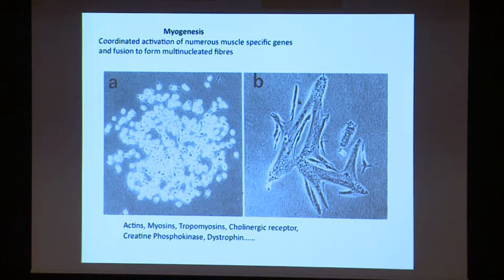state and this state there is the activation of hundreds of genes. So that was a fascinating situation where this cell is undifferentiated and this cell is fully differentiated. And I'm just mentioning some of these genes, which are muscle actin, myosin, tropomyosin, cholinergic receptor for transmission of the nervous influx, creatine phosphokinase, dystrophin, and I could give you a list of hundreds of these genes that are turned on when cells go from the mononucleated state to the fused state.